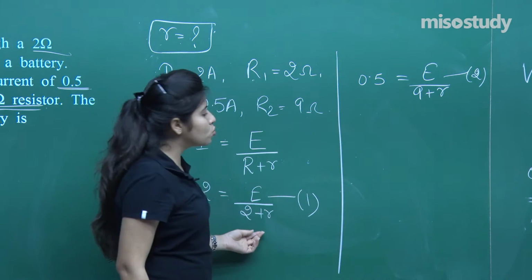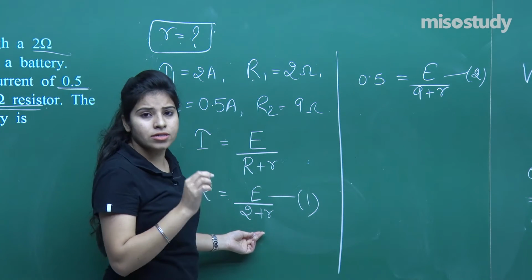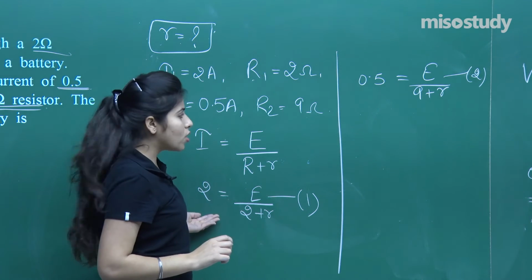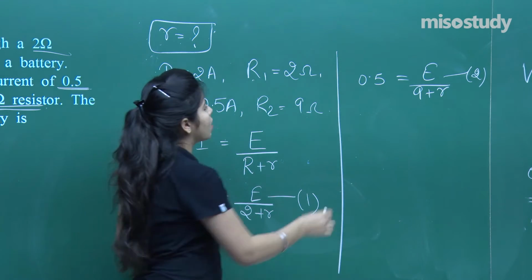Now you have to find the value of small r, and it has become a pretty easy, simple equation. Just divide these two equations to find r.